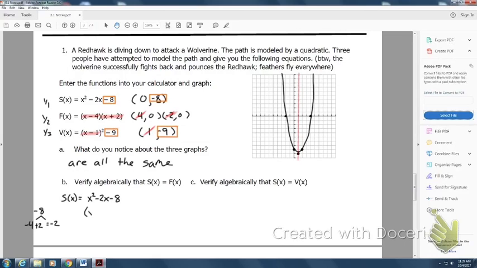And so that factored is (x - 4)(x + 2). Is that the factored form from up above? Yes. This is the same as this. So that is just verifying that those two equations are the same.